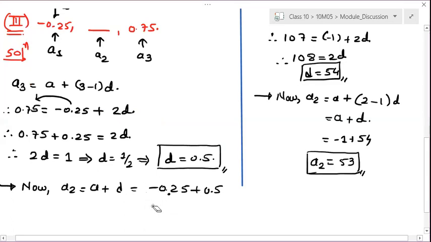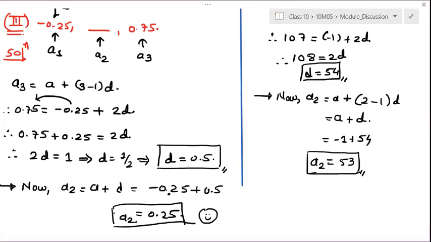So this is your plus 0.25, this is your A2. Is it clear now? Okay. A plus D is 1.5 by 2, no? Right, just check your answer.